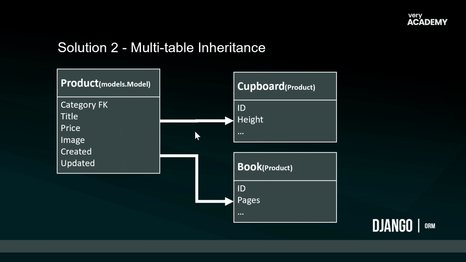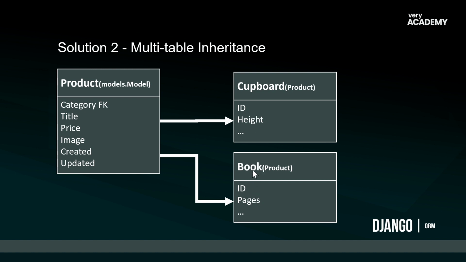So here's the example again from the start, the problem. Here we've got the product table, but this time we've got the generic fields inside of the product table. Now this is the parent table. What we do here is create child models, or child tables, and here we have, for example, cupboard and book, and that allows us to add the specific fields we want to include inside of these different classes.